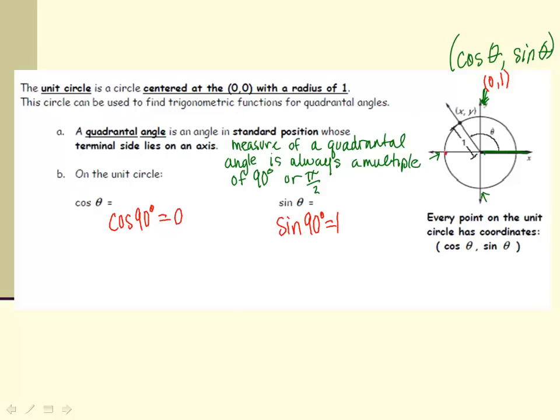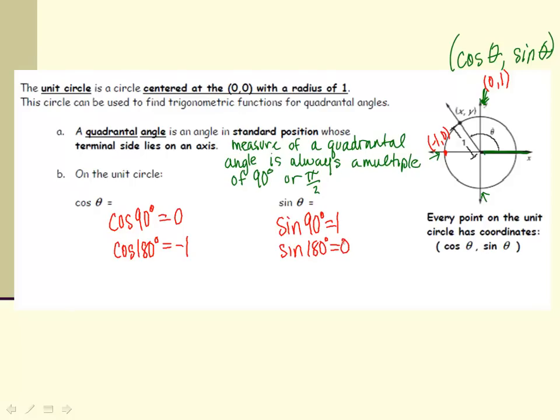Our next quadrantal angle would end right here, and that's the ordered pair (-1, 0), which is a 180 degree angle. So the cosine of 180 degrees is our x value, that's -1. The sine of 180 degrees is our y value, that's 0.